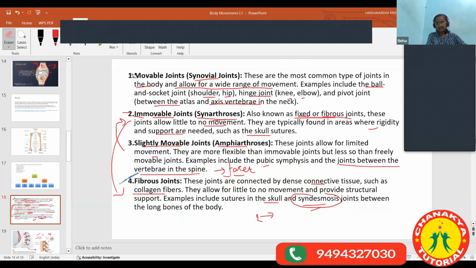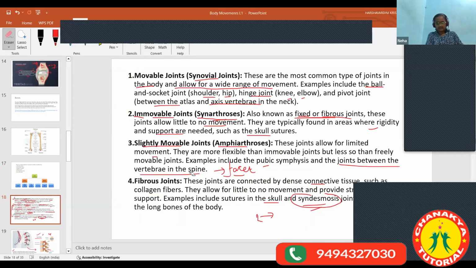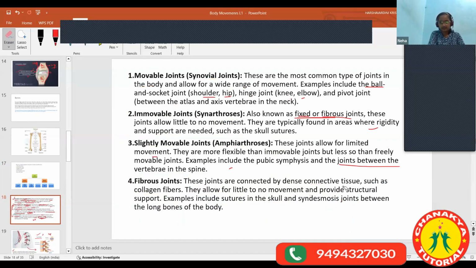Movable joints are joints which we can freely move. They are present in our elbows, knees, neck, and movable joints are of three types: ball and socket, hinge, and pivot.